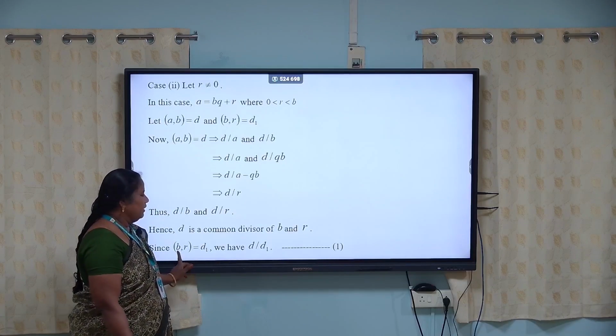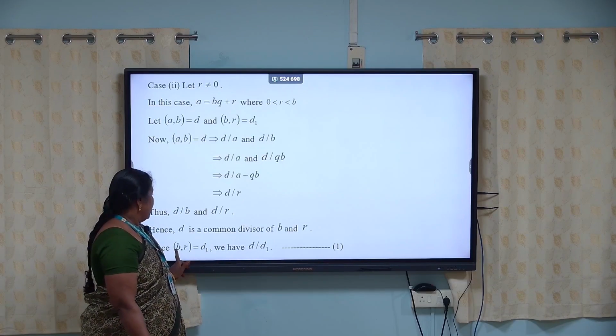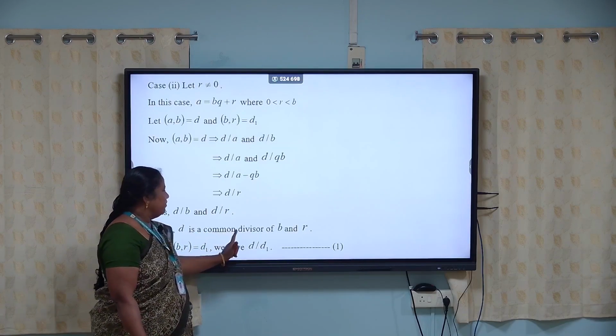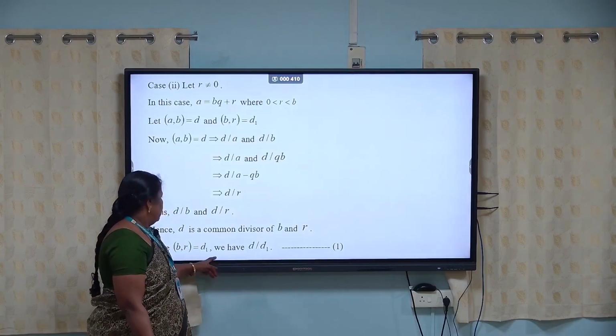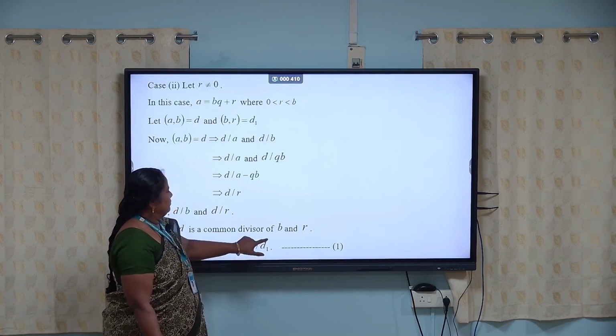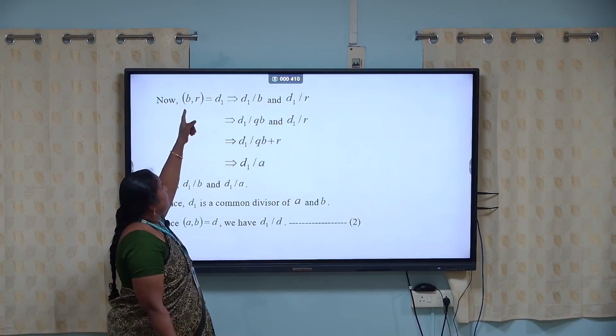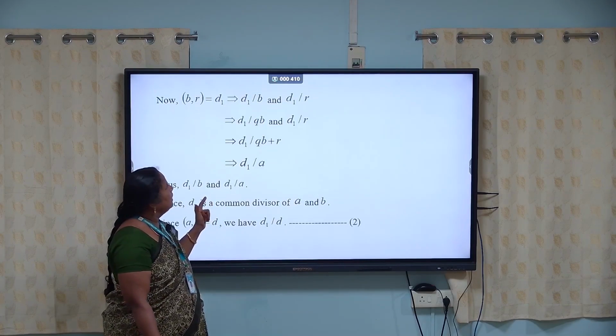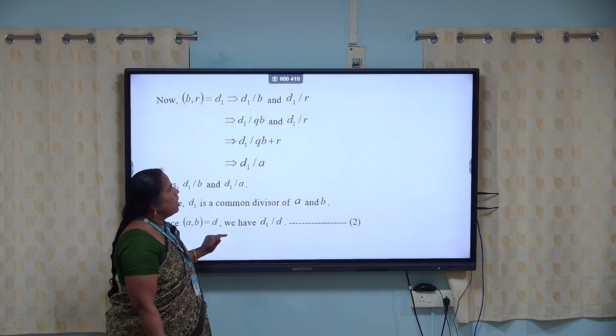But we have taken the highest common factor, HCF of b and r, is equal to d1, and d is a common divisor of b and r. So we have d divides d1. This is equation 1. Also, the HCF of b and r equal to d1 implies d1 divides both b and r.